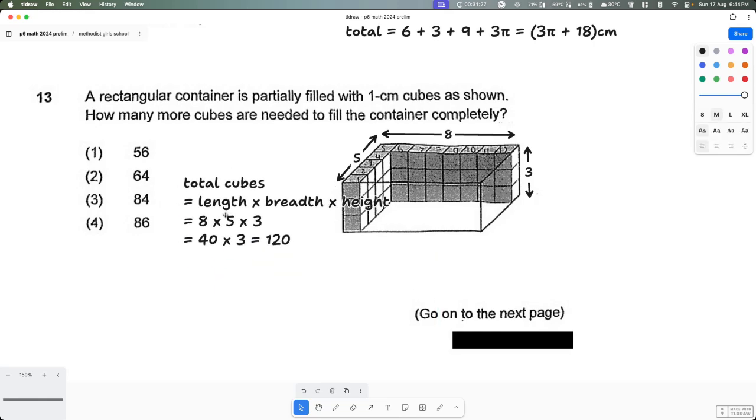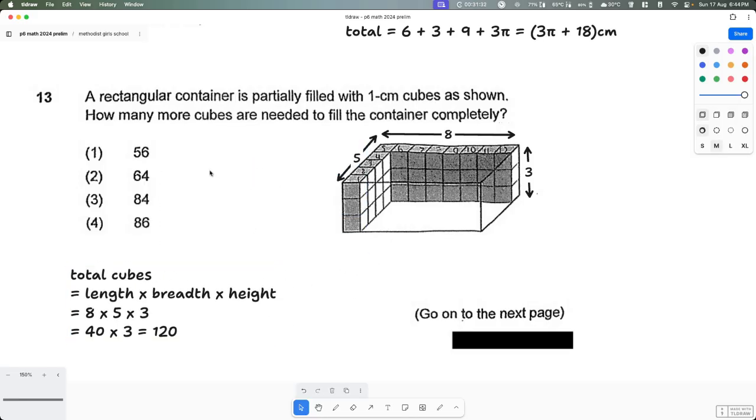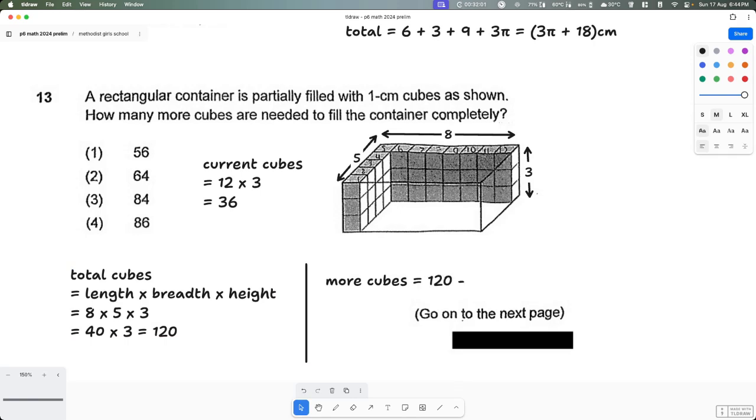Okay, so current cubes is equal to 3 times the number of cubes over here: 1, 2, 3, 4, 5, 6, 7, 8, 9, 10, 11, 12. So 12 times 3, which is equal to 36. Current cubes is 36, total cubes is that. So more cubes is equal to 120 minus 36.